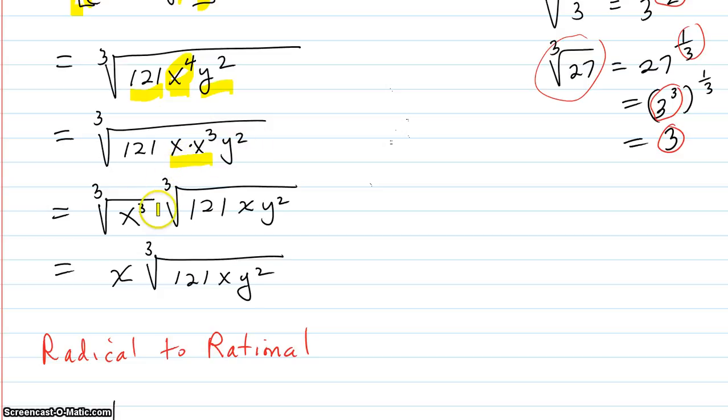You can break up as a product, and you have the cube root of x cubed, that's that one, times the rest of the cube root of the remaining stuff, 121x and y squared. That's this. Then you take the cube root of x cubed, which now you can see as x cubed to the 1/3 power, cancels out and you just get x. And it's the cube root of the rest of the stuff.